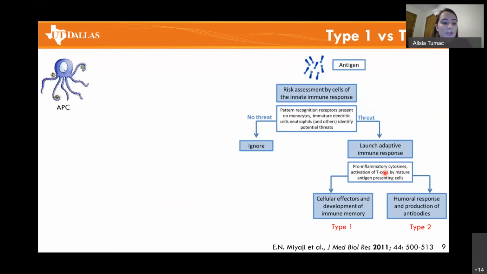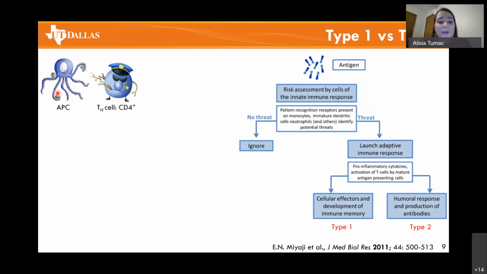So the way this works is the antigen-presenting cells will basically engulf and not metabolize, but break apart the pathogen, and then they will display on their surface certain proteins specific to that antigen on either major histocompatibility complexes 1 or 2.